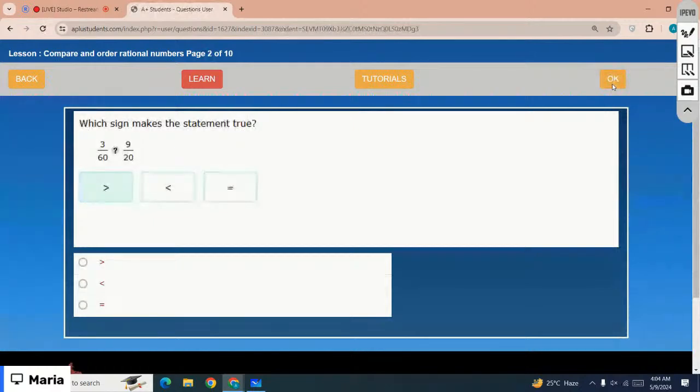Which is the correct option? 3 over 60 is less than 9 over 20, right?